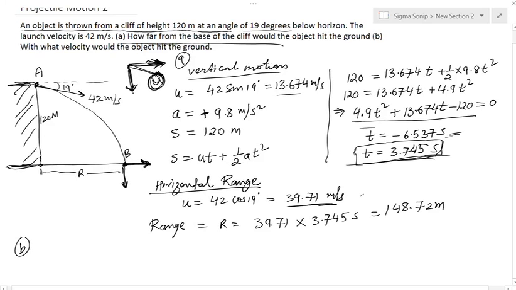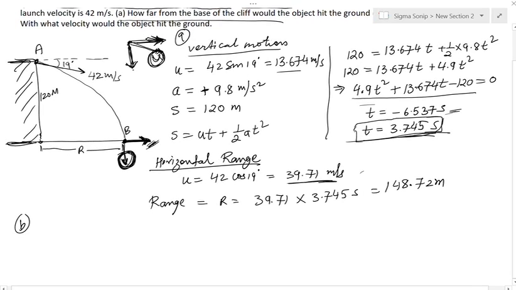The horizontal component is constant because there is no acceleration in the horizontal direction. All the acceleration is in the vertical direction. So our problem is basically finding the vertical component at the point of landing. That's easily done. We just consider the vertical motion and find the final velocity at this point.